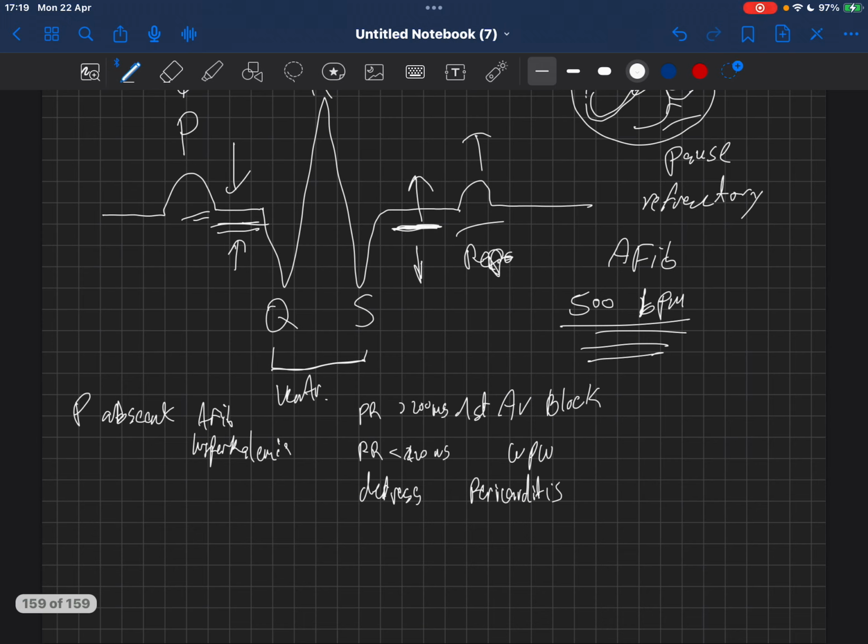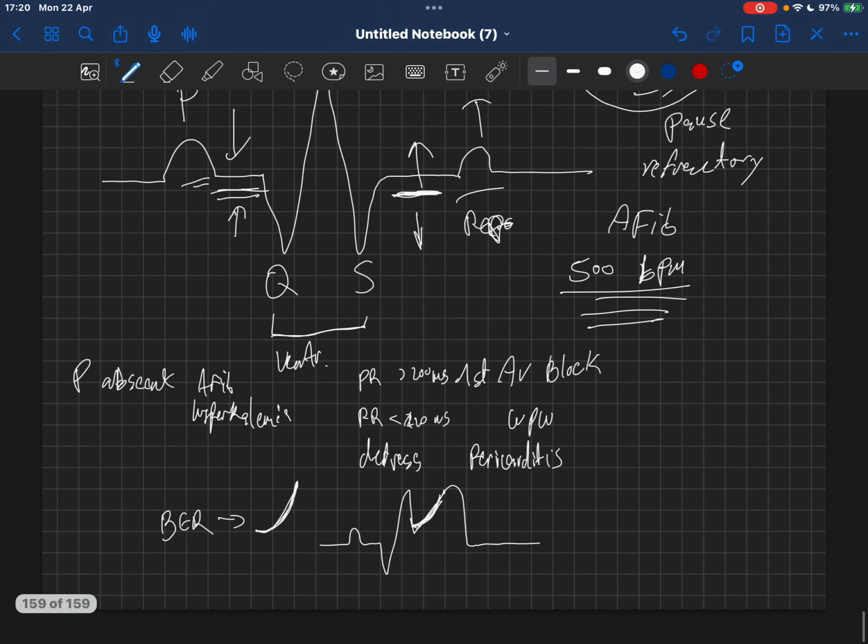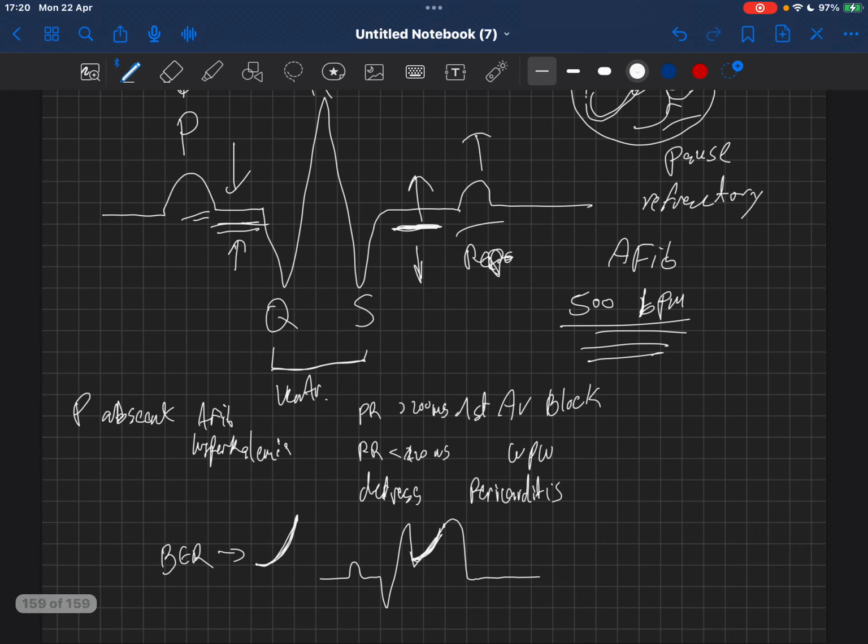It's not just ischemia, there are also other things that can cause it, even benign things that are quite common, like benign early repolarization, which causes the ST segment to go up concavely, like this. It seems like something like this.